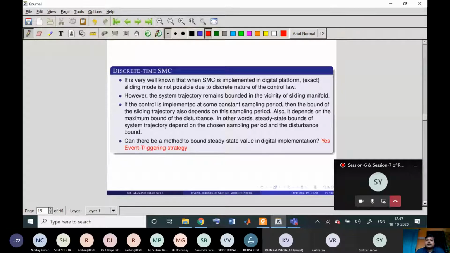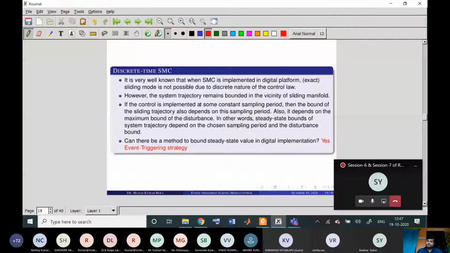Also, it depends on the maximum bound of the disturbance. In other words, steady state bounds of the system trajectory depend on the chosen sampling period and the disturbance bound. So this has been observed in discrete time SMC.